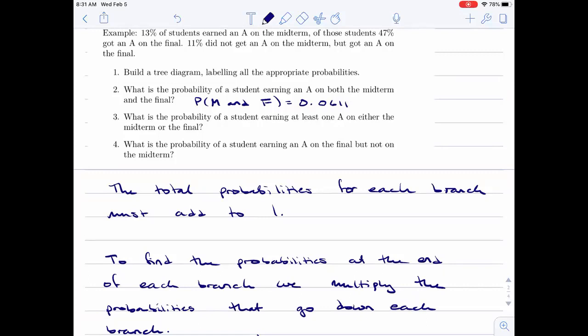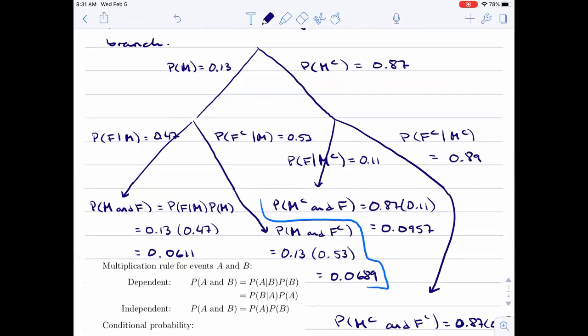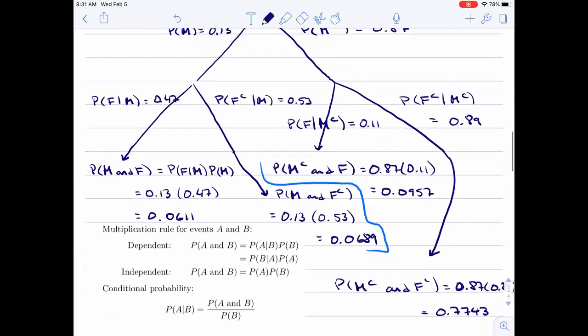It's the probability of a student earning at least one A on either the midterm or the final, right? And so now we're going to look at all these outcomes, and we can say, okay, well here, and we just count wherever they got an A, right? You could follow down the branches, right?